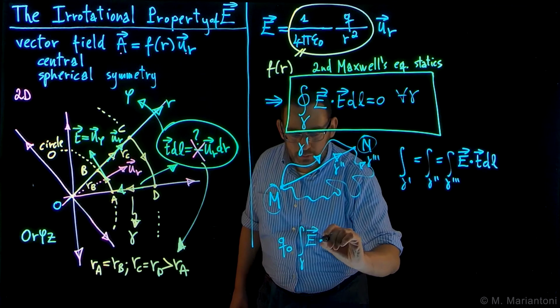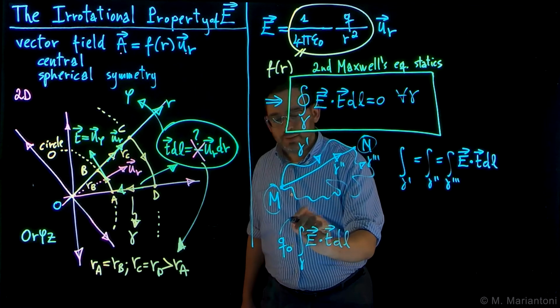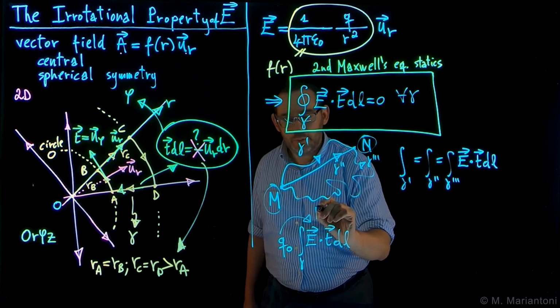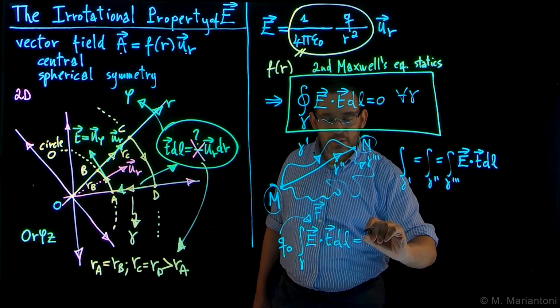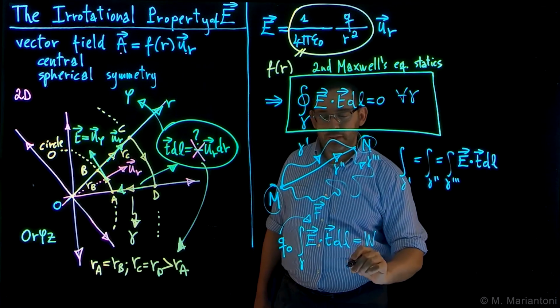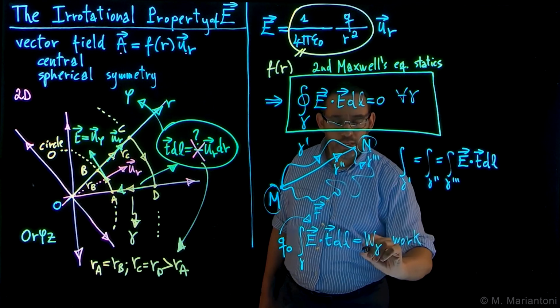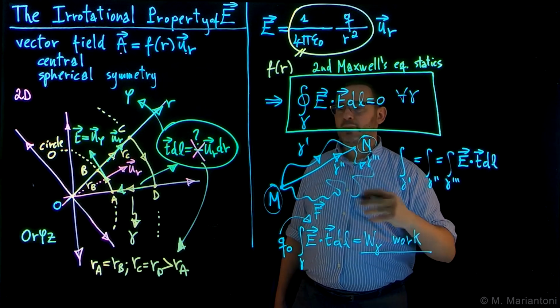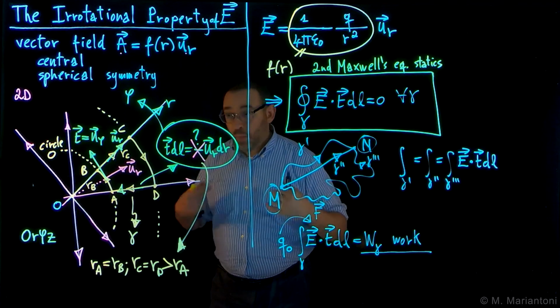Well, this quantity, q naught times E, is nothing but the electrostatic force F, and so this is nothing but the work due to the electrostatic field E along line gamma. So this is the physical meaning of these line integrals. They're nothing but the work performed by the electrostatic field.